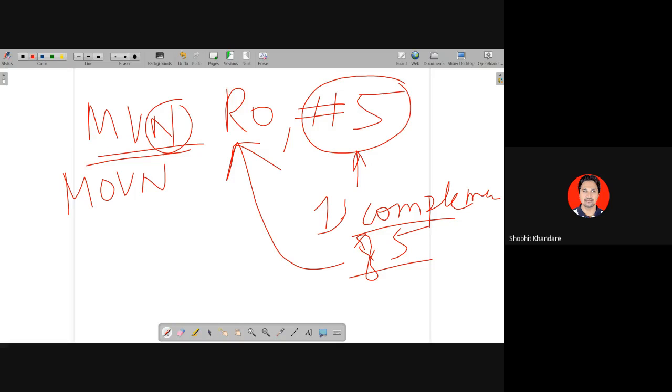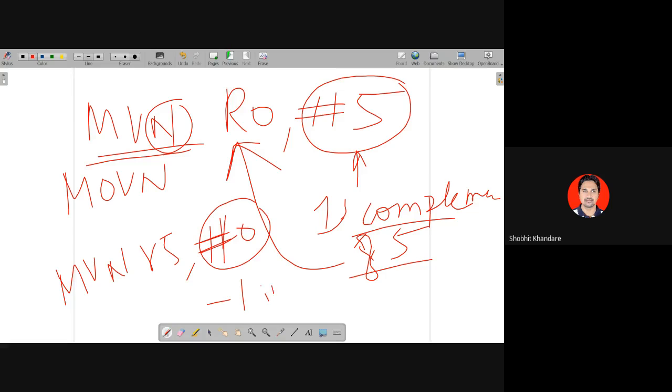Now let me tell you about this. Now when you are using, for example, the instruction MVN R5, comma hash 0, you have to take the negative of this. So it is mostly -1 in 2's complement.